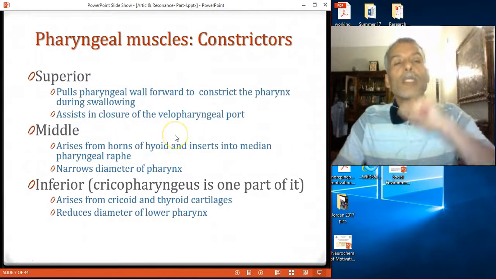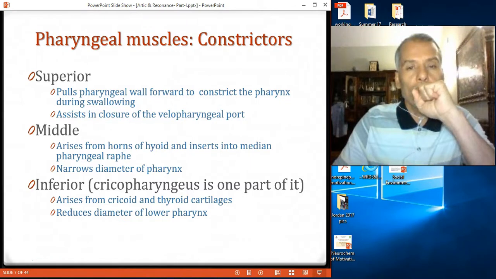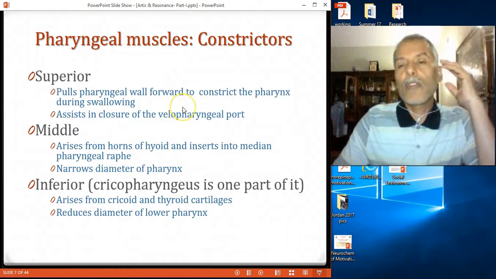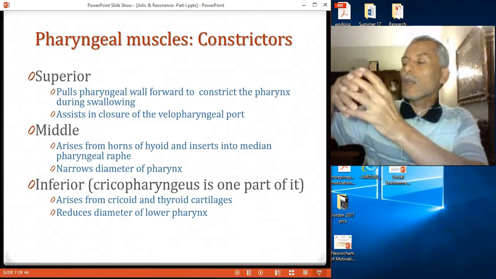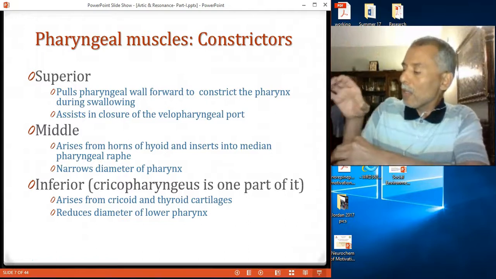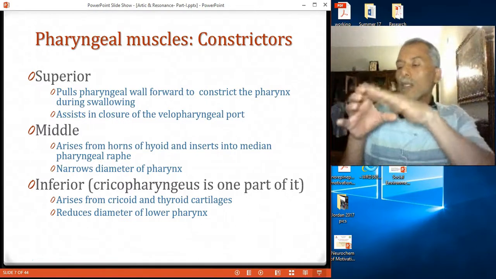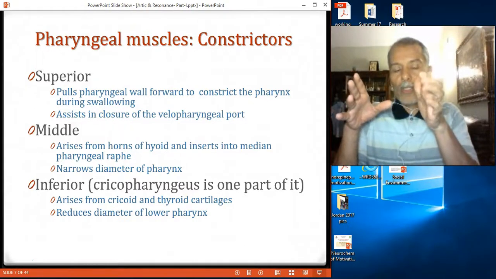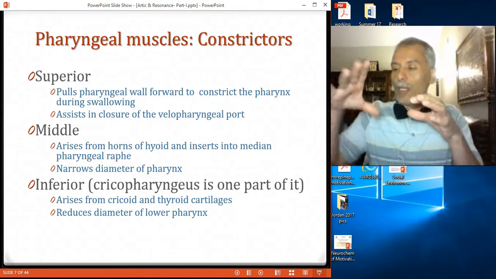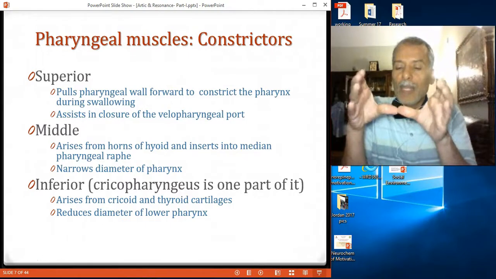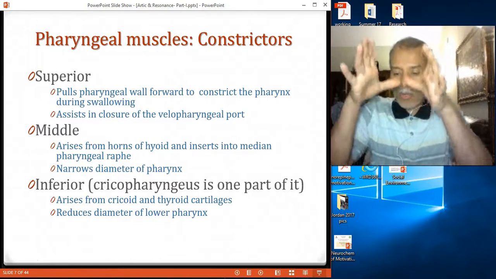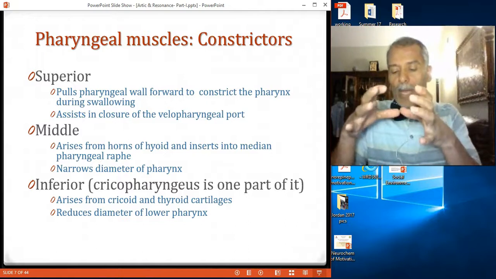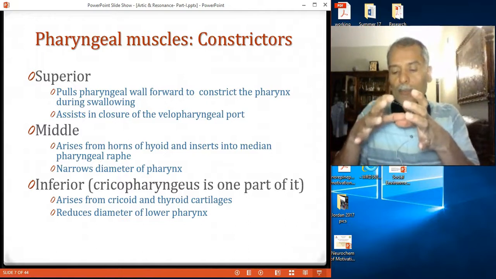So now let's look at the muscles that make the pharyngeal walls. They are called the pharyngeal constrictors. That means they come together like there's one here, this is the right lateral pharyngeal wall, and this is the left lateral pharyngeal wall. And then each one kind of curves or bends, and they make that L shape, and they give you the posterior pharyngeal wall. And of course, in the back, they unite like this.